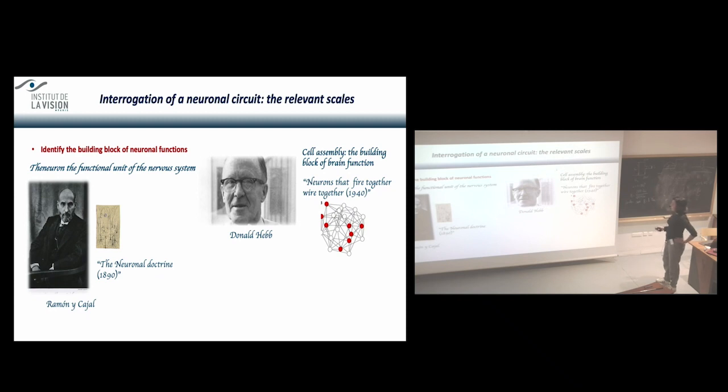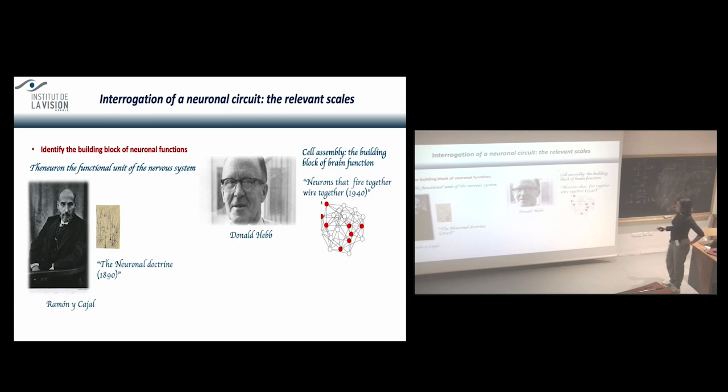Actually, they started to say it's probably not enough to understand the complexity of the brain if we just look at one neuron at a time, but we need to look at the brain in a more collective way. And this is because we need to individuate those cell assemblies.